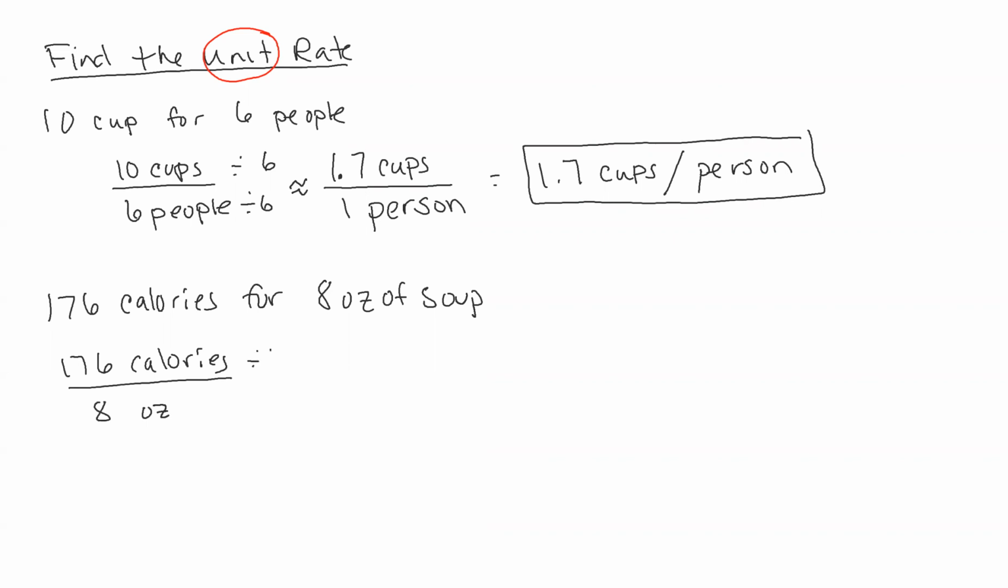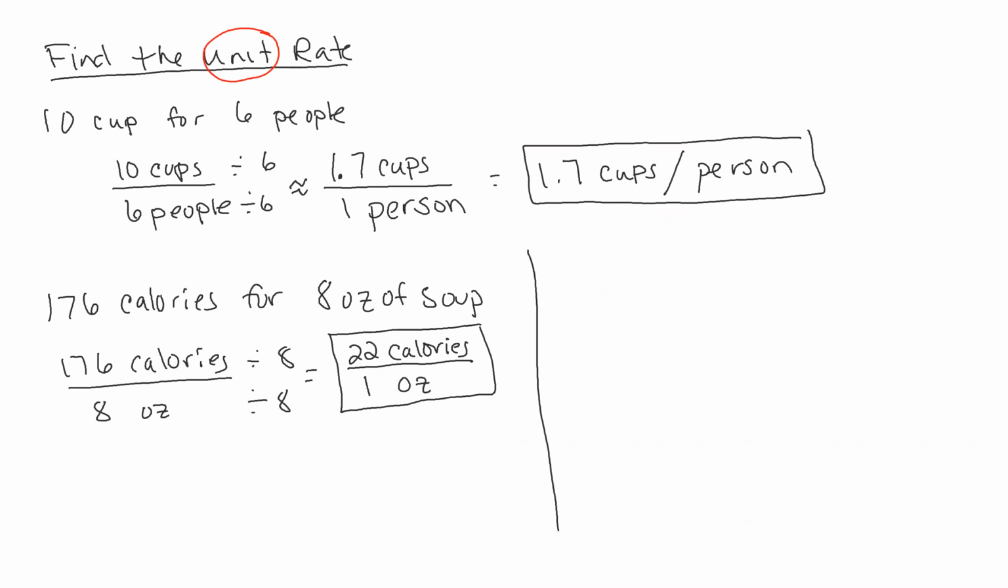And then I divide the numerator and denominator by the value in the denominator. So 176 divided by 8 is 22. And then 8 divided by 8 is 1. So that tells us that there are 22 calories per ounce of soup.